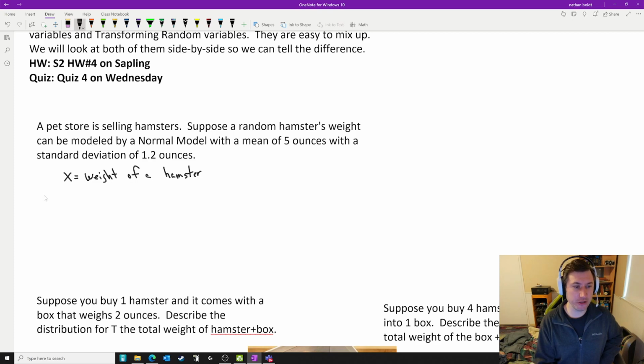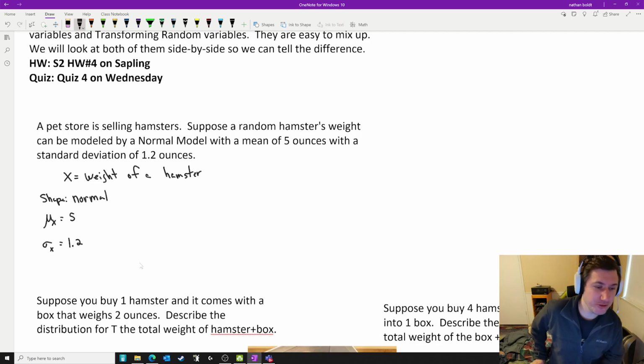And so we know the shape is normal. We know the average of x is 5. And we know the standard deviation of x is 1.2.